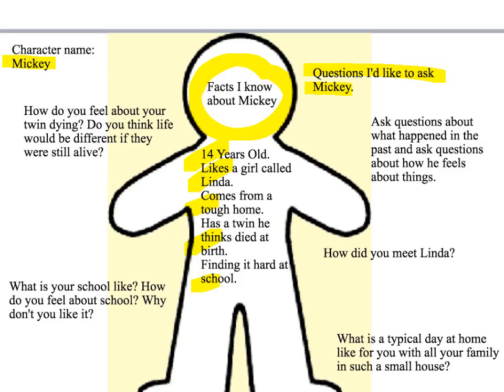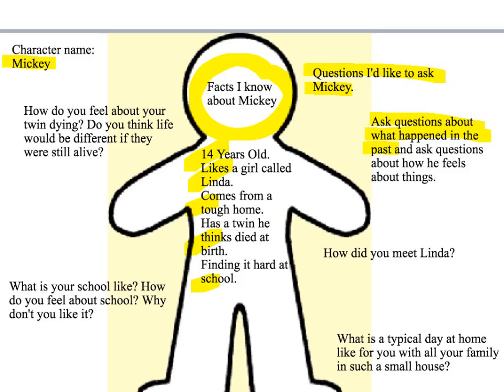So there's going to be 2 things that you don't know about that character. Firstly, there's going to be asking questions about what has happened to that character's past. Things that happened prior to the start of the story, or things that happen outside of the play that you aren't directly told about by the actors or by the narrator.